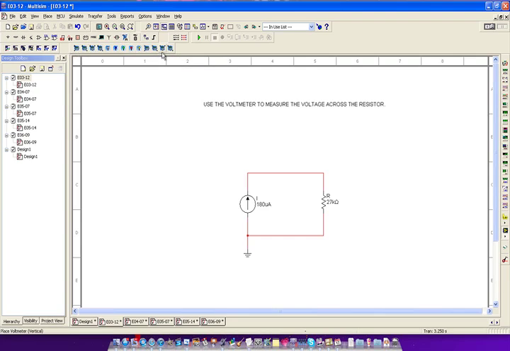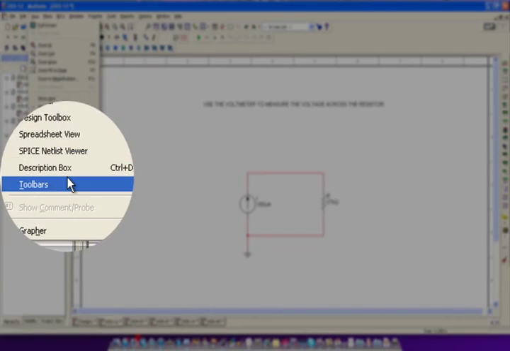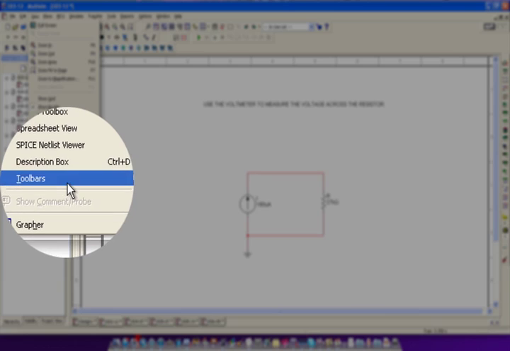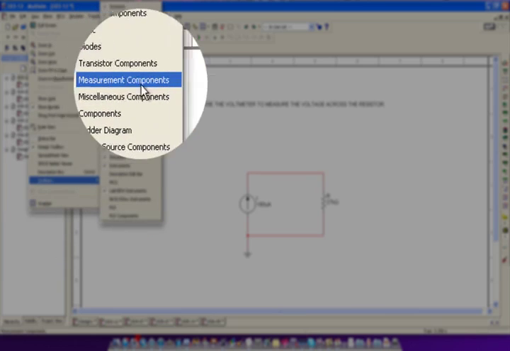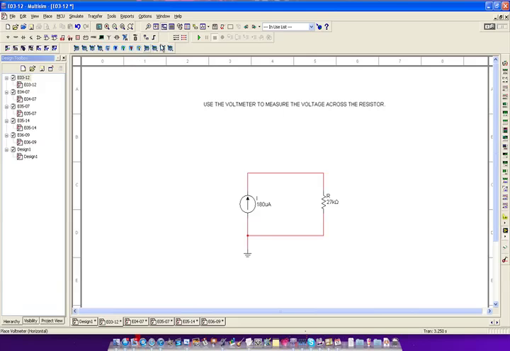To get this toolbar, usually it's not here. You go from View, then Toolbars, then choose Measurement Components. After that, add the voltmeter.